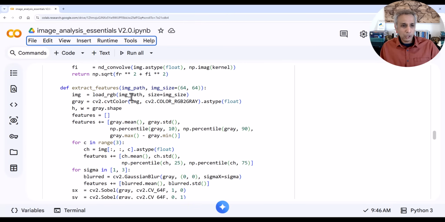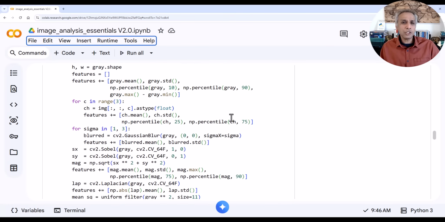All it's doing is loading this RGB image, whatever the color image that we have. It stores that image, and then it also converts it into grayscale and stores it in another variable called gray.